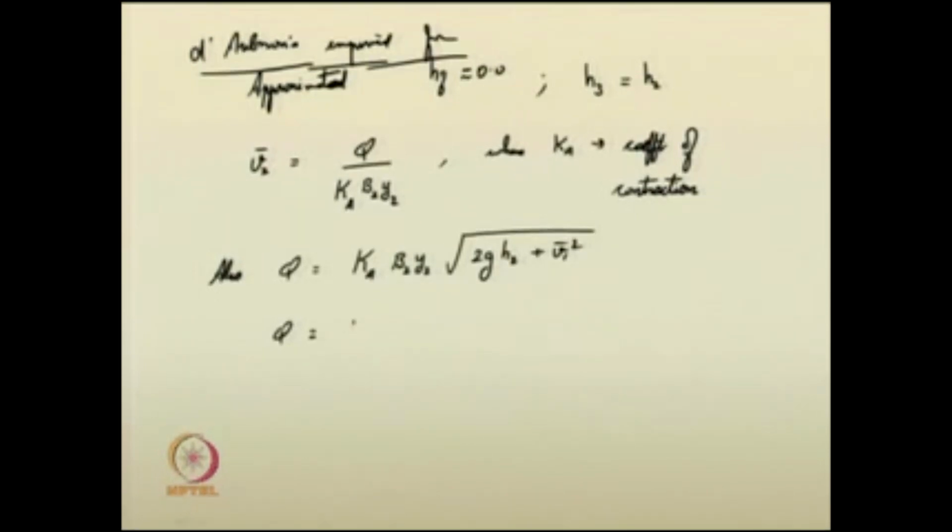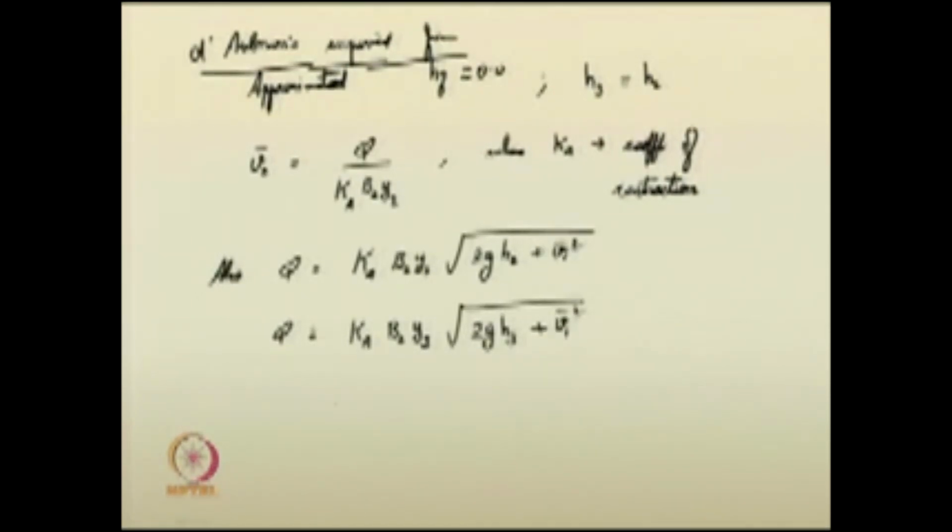Q is equal to K A B 2 y 3, because y 2 and y 3 are the same, root of 2 g h 3 plus V 1 squared, right.